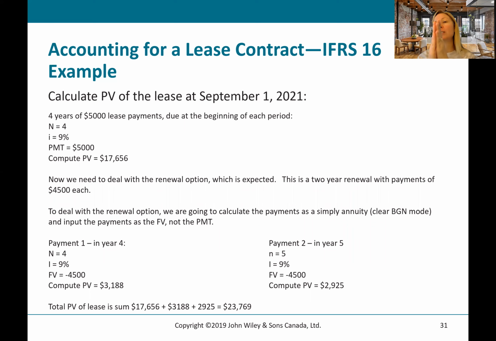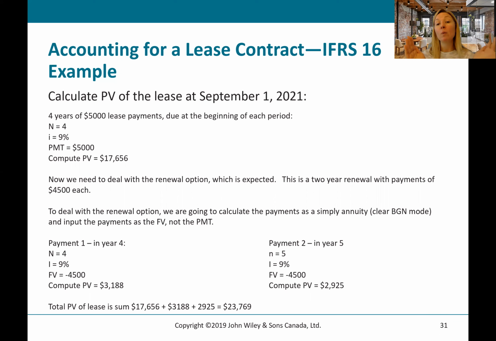Whereas with the $4,500, it's only going to be for this 1 year, but we can't put in N as 1 because that makes it seem like it's way back here on our timeline. Whereas we're quite far out on our timeline, but it's only 1 year. This $4,500 is not going to go all the way back. So if we put in all the same inputs and compute present value, the present value would be all the way back.